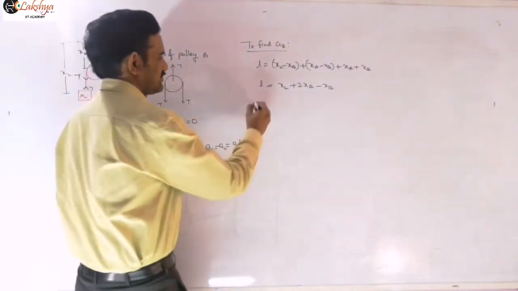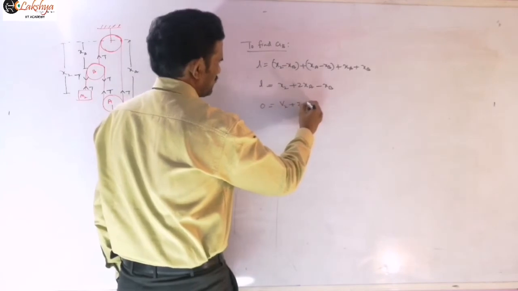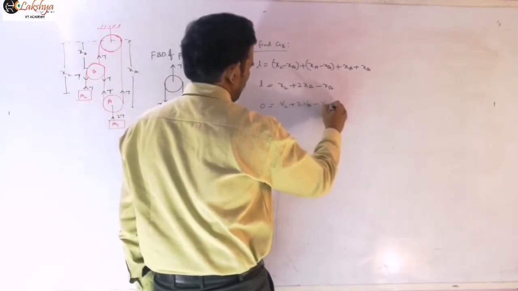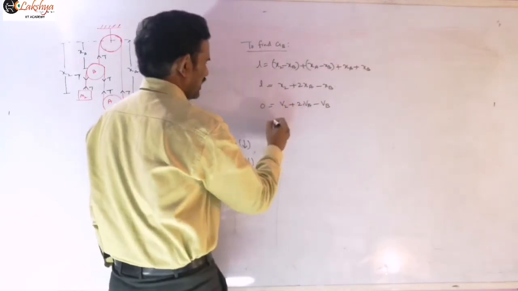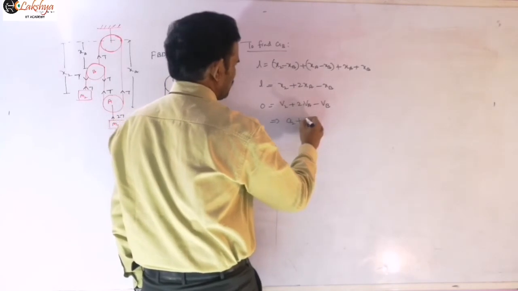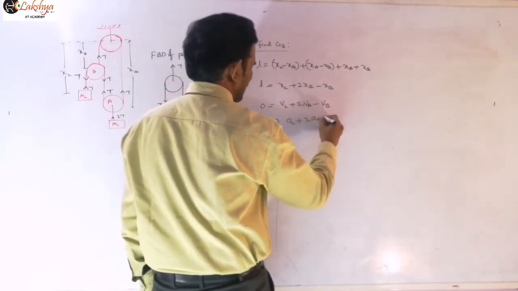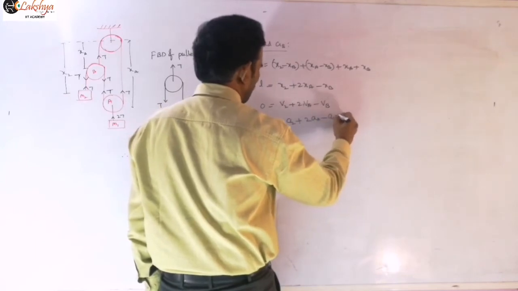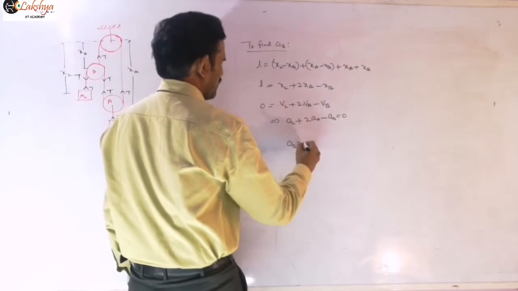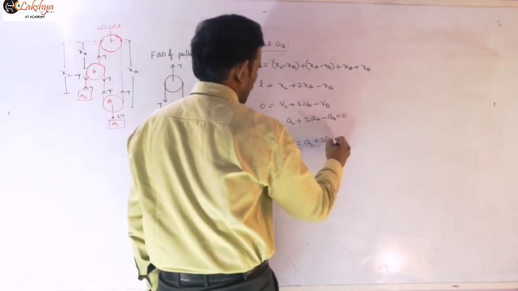So differentiate that. If you differentiate that, V2 plus 2VA minus VB is equal to 0, and again if you differentiate this, A2 plus 2AA minus AB is equal to 0, right? Therefore this acceleration of B is equal to A2 plus 2AA.